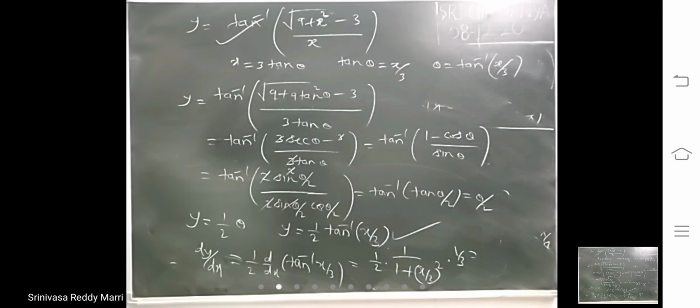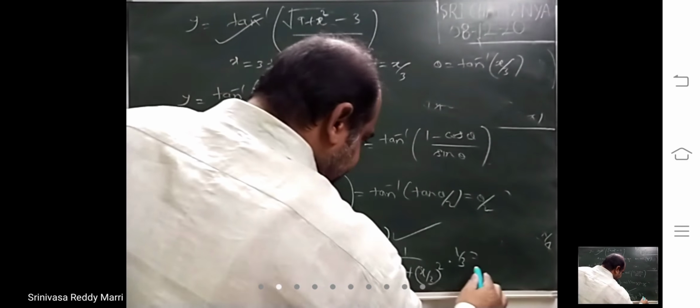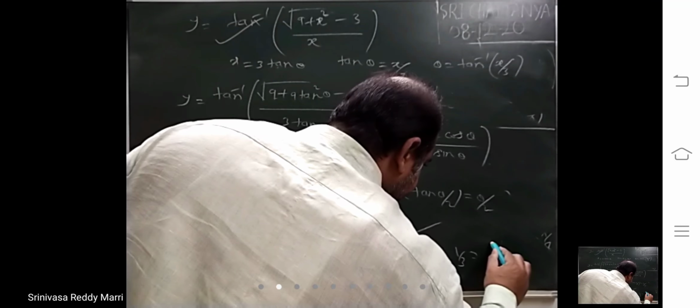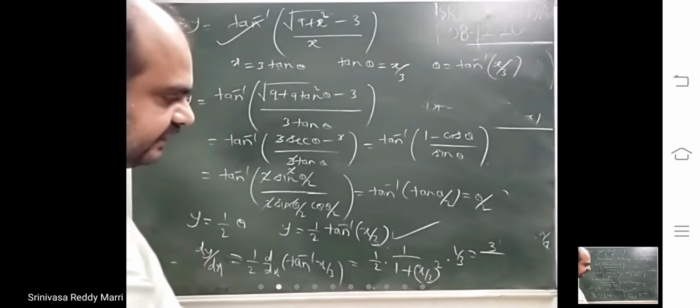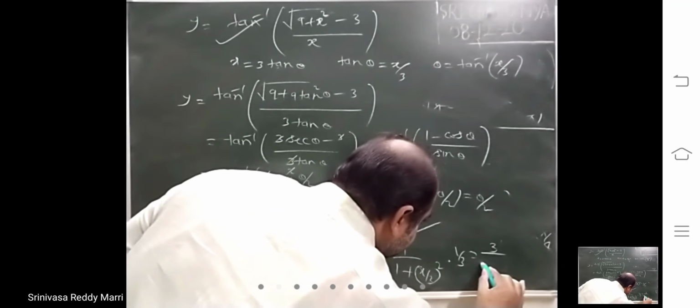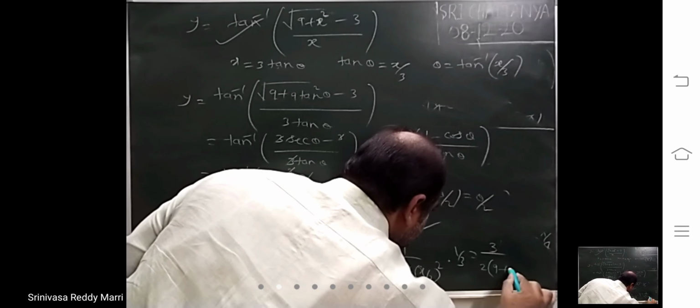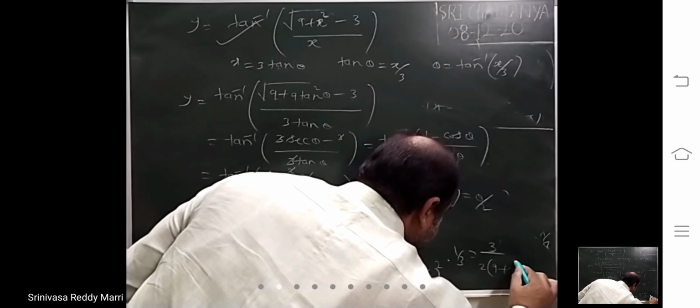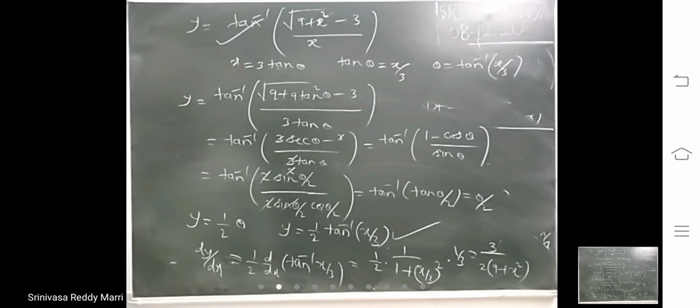So that means you will get 3 divided by 2 into 9 plus x square, into 1 by 3, and the 3s will get cancelled. This is the answer.